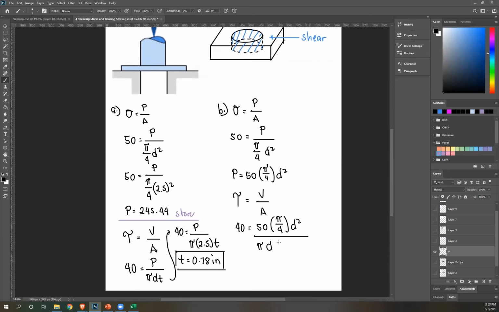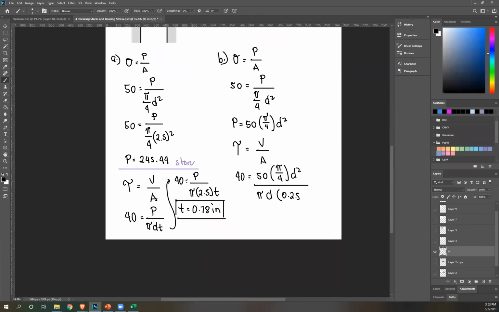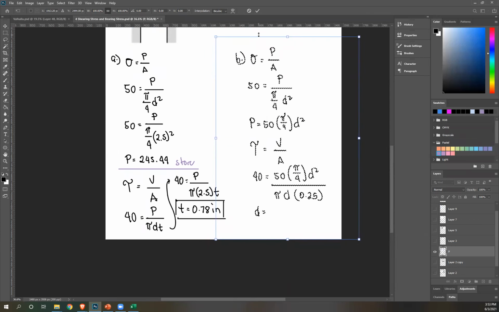So pi d, thickness is given, 0.25. Okay, from this equation, please solve for d. What's the answer? Inches. Okay, correct.